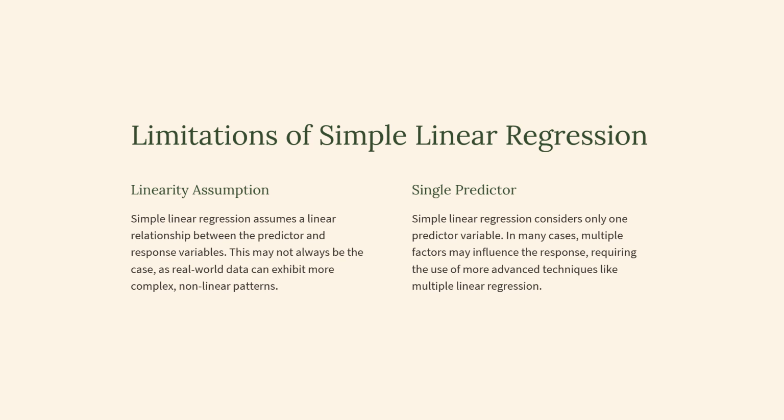Number two, single predictor. Simple linear regression considers only one predictor variable. In many cases, multiple factors may influence the response, requiring the use of more advanced techniques like multiple linear regression.